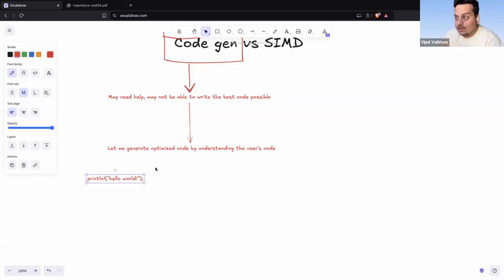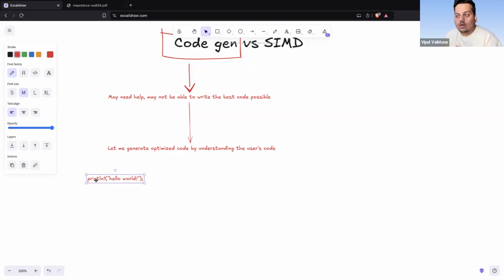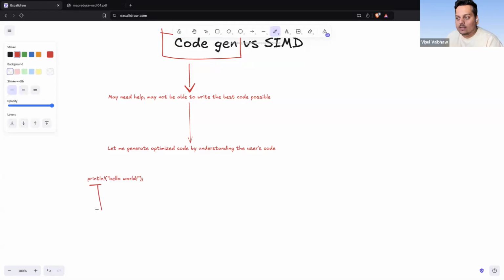Code generation is very common in any programming language, and that was the inspiration in Spark as well, where they said we'll give users a lot of macros like this. What do you want to do? You want to print something? Great, I'll figure out the best way to do this. You just tell me what you want to do. Now I'll figure out what the data type is and how to supply the right instruction to assembly, and I'll create the right function definition for you.